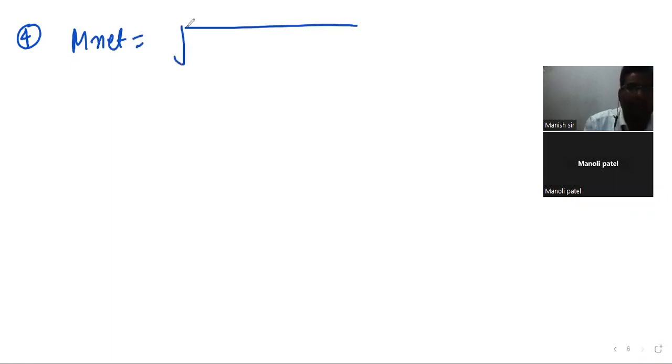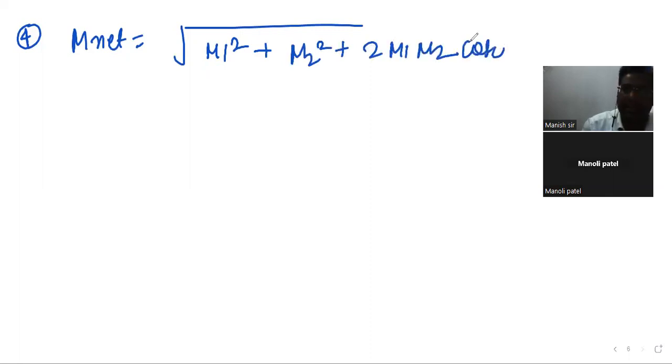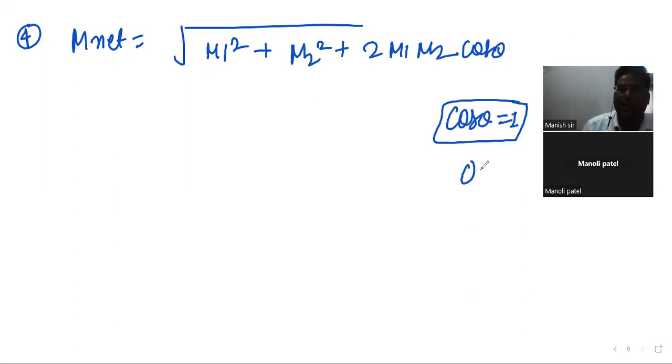It will be given by the square root of M1 square plus M2 square plus 2 M1 M2 cos theta, right? We know the maximum value of cos theta is 1. Cos theta is 1 when the angle is 0, right? So the angle should be 0.